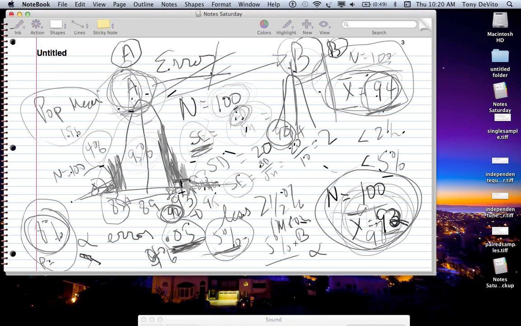Now, beta error, on the other hand, we may find that we could be wrong 8% of the time if we said that these two groups are different. Well, you may say, I'm not going to accept that because it's got to be less than a 5% chance of being wrong. In that case, you might say, I got a pretty good result there. I was pretty close to proving this, but not quite.